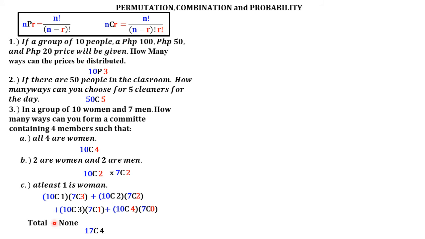Ang wala should be all the men. Ayun yung target natin, walang men. Ibabawas natin yon, 7 choose 4. If you compute this, this will still give you the same answer. So, ito medyo shortcut na siya, but I think the first one is for you to follow the principle.